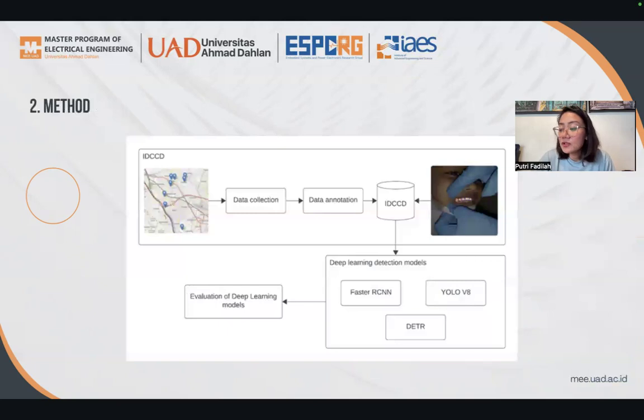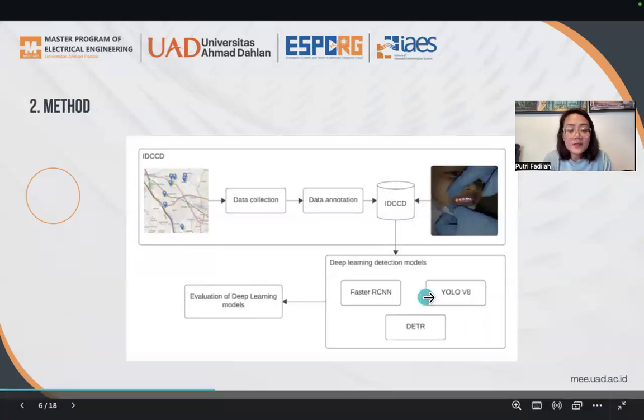For the method of the study, we built the Indonesian Dental Caries Characteristic Dataset, or IDCCD, and evaluated deep learning models in the early caries detection task using several deep learning models: Faster-RCNN, YOLO V8, and DETR.